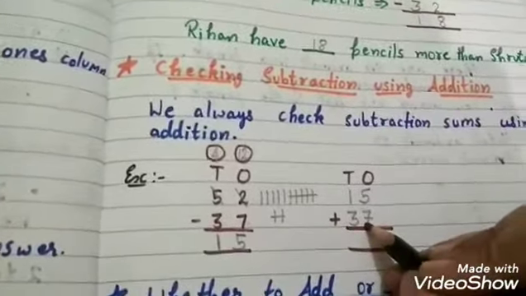Our next topic is whether to add or subtract. While solving story sums, we have to add or subtract, right? While solving these word problems, we either add or we have to subtract. So there are two rules of doing this. How we will understand that we have to add it or we have to subtract it. See, when the question asks how many left or how many more, right, we have to subtract it.